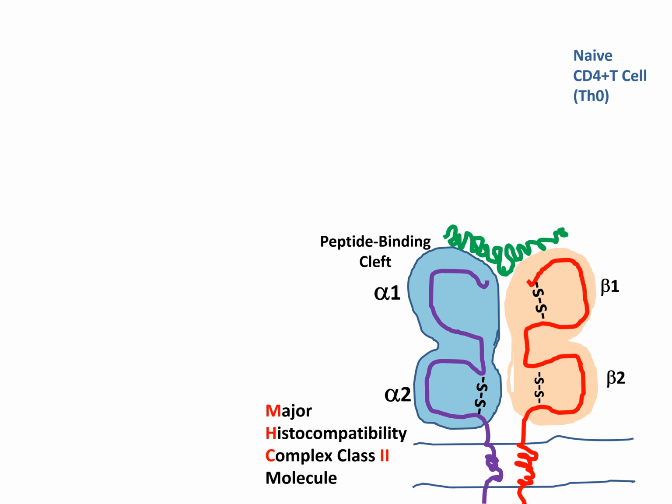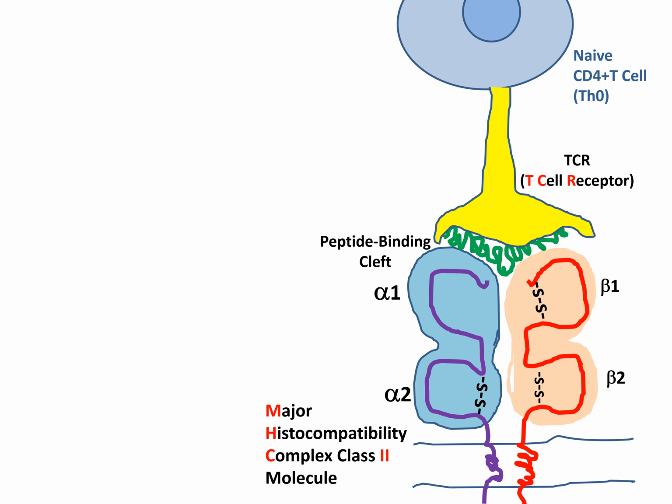And then we have the naive CD4 T cells. These cells have specific receptors in their cell membranes. We call them TCR, T cell receptors, and whenever these receptors interact with the peptide, that will activate these naive CD4 T cells.